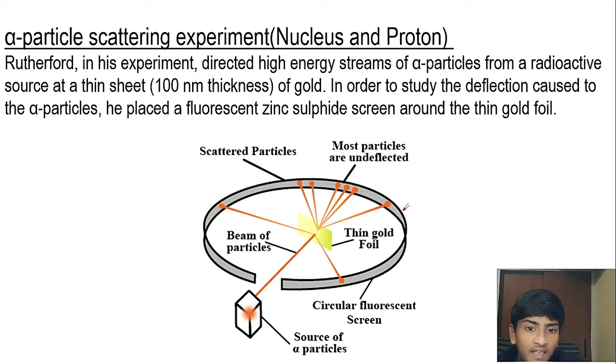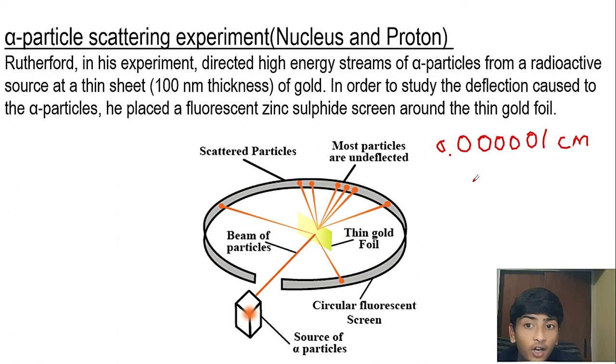In this experiment, he took a thin gold foil sheet of 100 nanometer thickness, or 0.00001 centimeter. Why only gold? Because gold is a highly malleable metal.